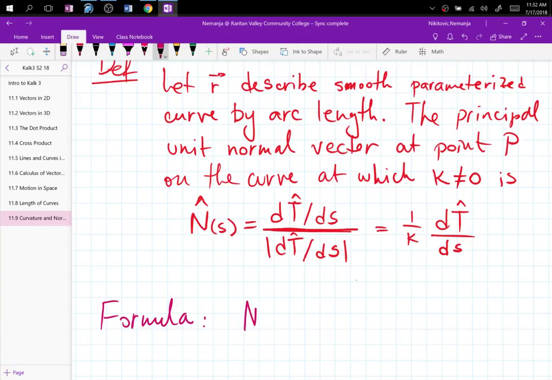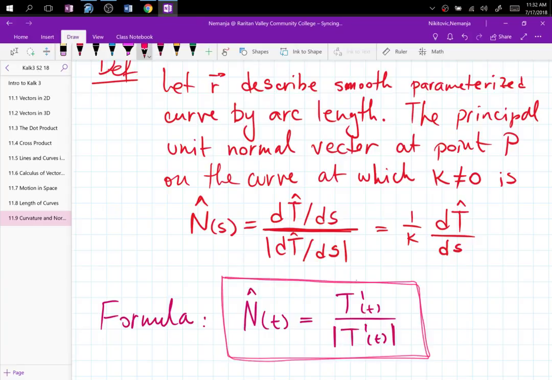So now you get that the unit normal vector in t is given as T prime of t divided by the magnitude of T prime. And this is the formula to use to find that vector.